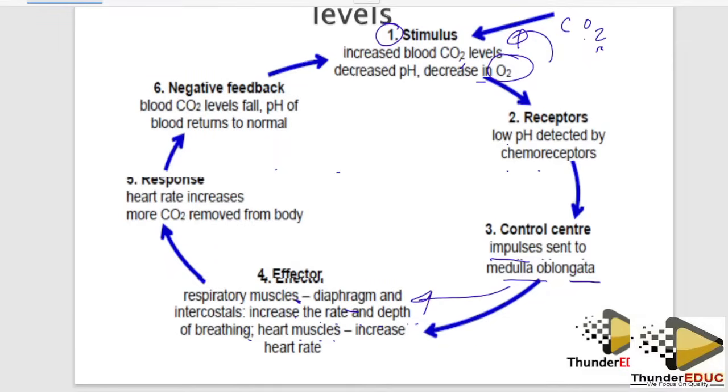You understand? The depth increases and the rate at which you are breathing also increases. Why does it increase? Why do we need to increase the breathing rate?